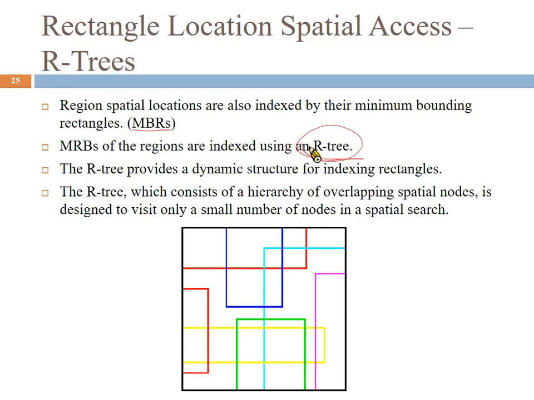So the R tree is a region tree. The R tree provides a dynamic structure for indexing rectangles. This structure was proposed many years ago, and it consists of a hierarchy of overlapping spatial nodes, designed to visit only a small number of nodes in a spatial search.